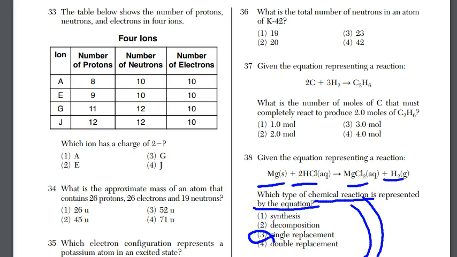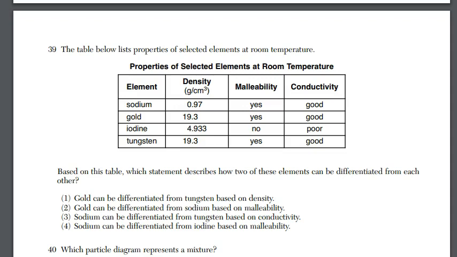You should know what all 4 look like. Synthesis is coming together. You only have one product. Decomposition is breaking apart. You start with one reactant. For double replacement, what's double in double replacement? Two compounds you start with, 2 compounds you end with.